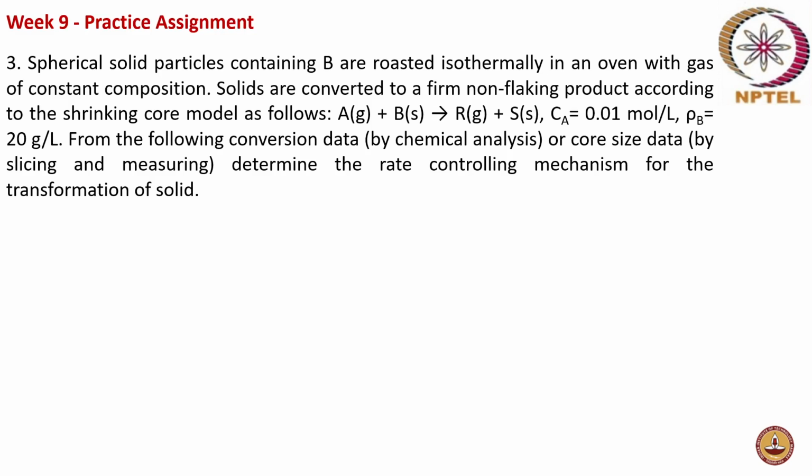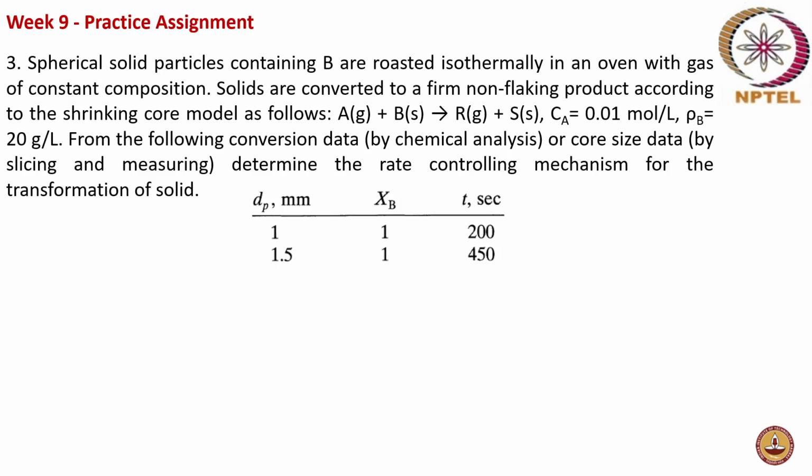A in gas phase plus B in solid phase gives R in gas phase plus S in solid phase, where Ca is equal to 0.01 mole per liter, rho B is equal to 20 gram per liter. From the following conversion data by chemical analysis or core size data by slicing and measuring, determine the rate controlling mechanism for the transformation of solid.